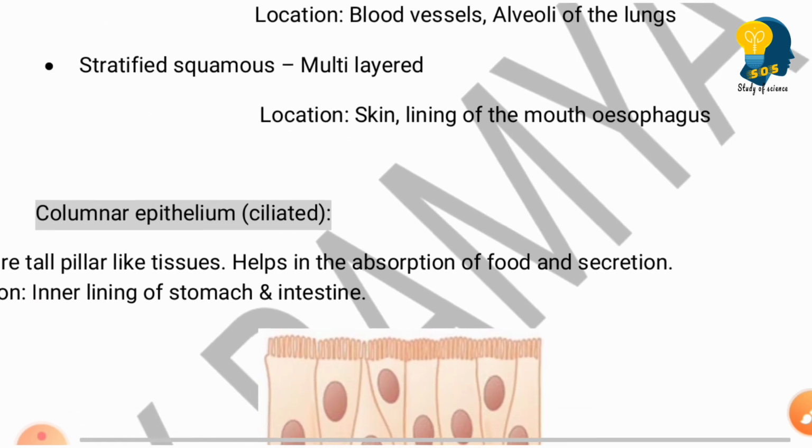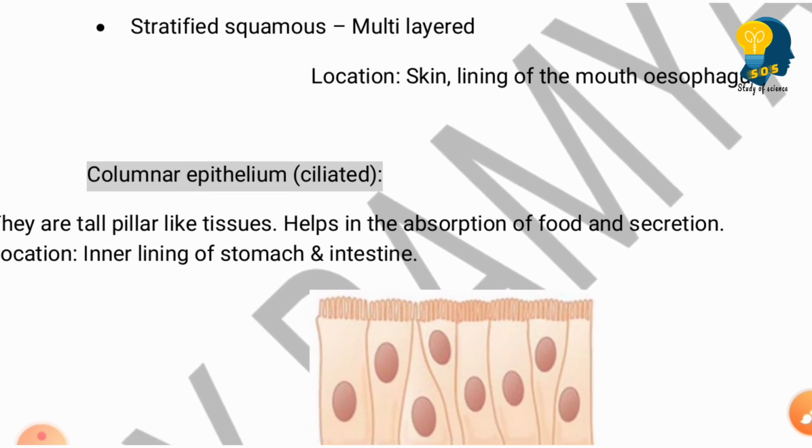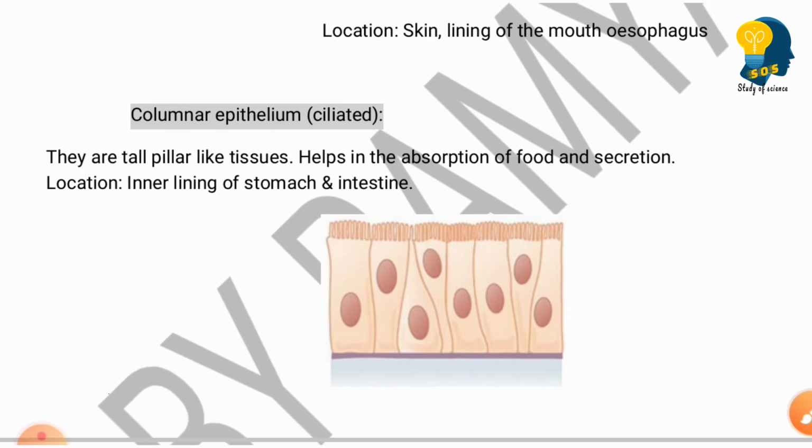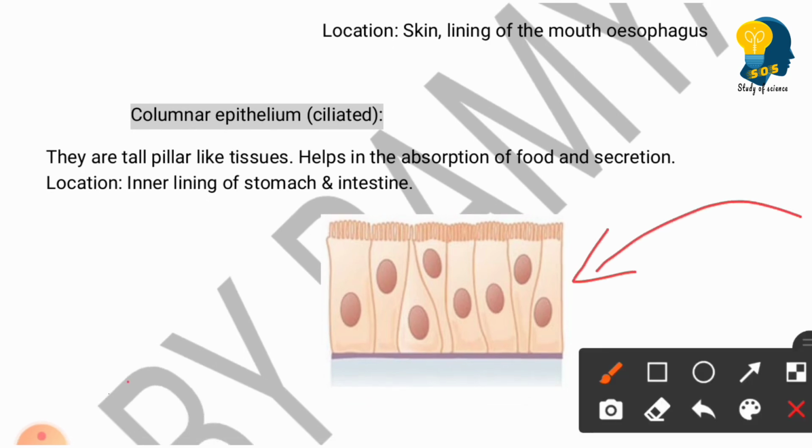Clear? So moving to the next type of epithelium tissue, that is the columnar epithelium tissue. This is how the columnar epithelium tissue looks.